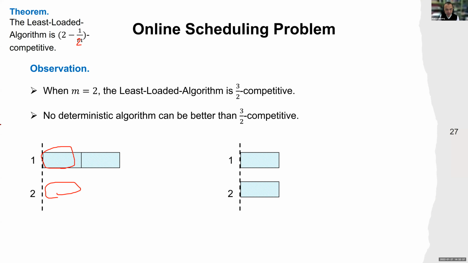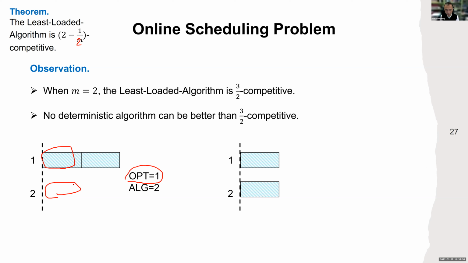So if you put them together on one machine, the adversary is very happy. He says, okay, now I will not give you any more jobs. Because in this case, optimal will be evenly allocate them to 2 machines.